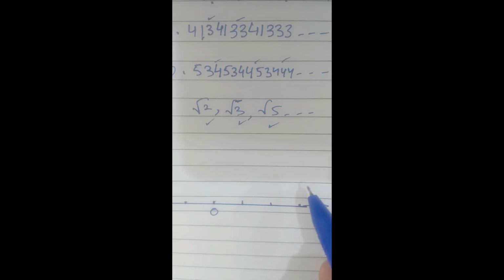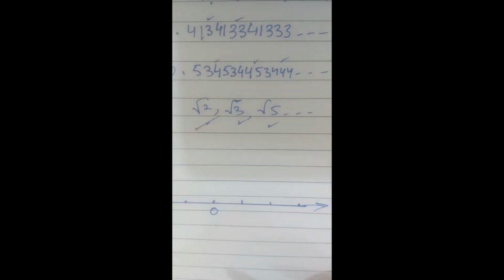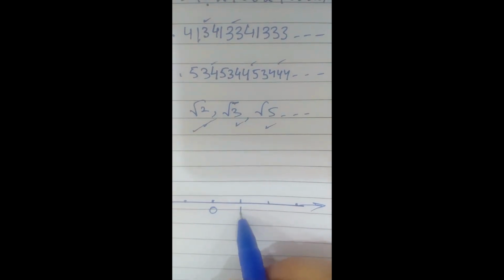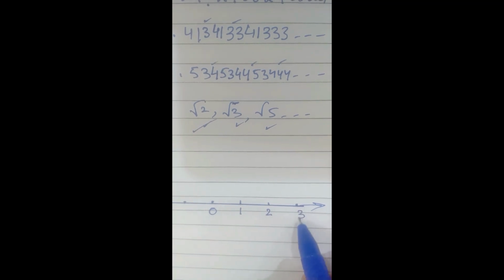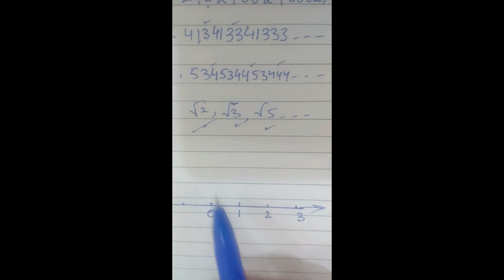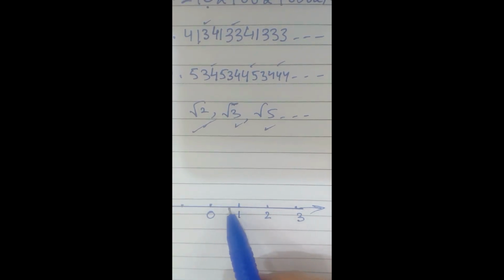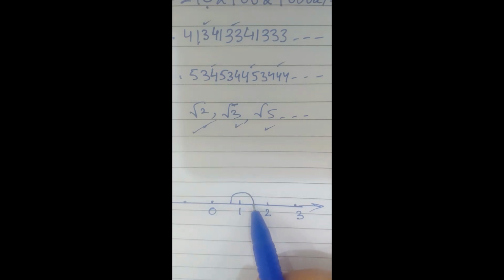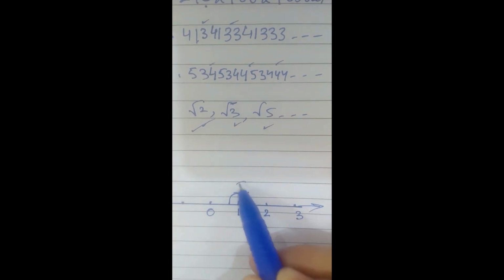If I have to represent √2, suppose I am starting with √2 here. I know this is 1, this is 2 and this is 3. Students, since you need √2, you will construct an angle of 90 degrees here, right? And you know very well how to do the construction of 90 degrees.